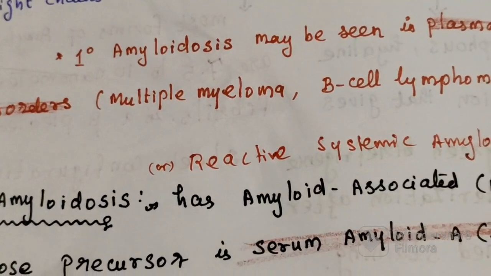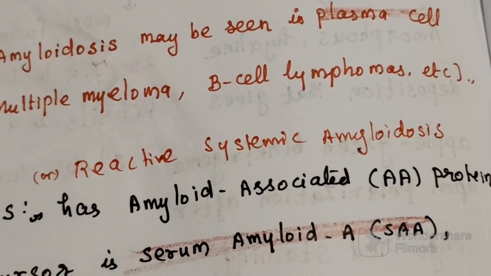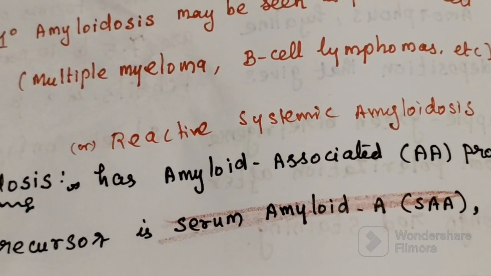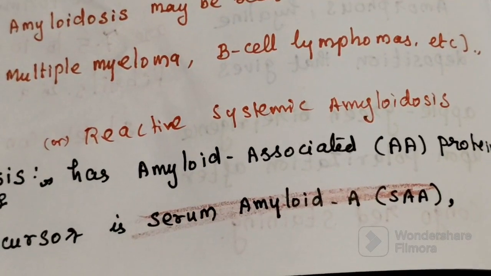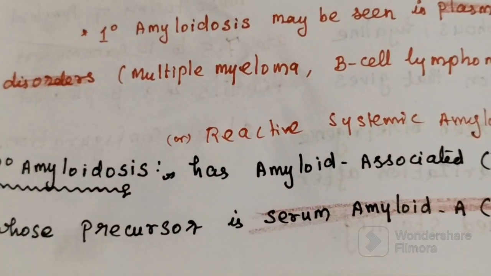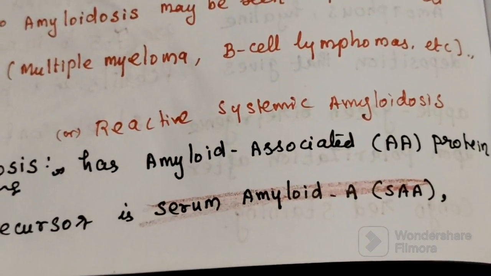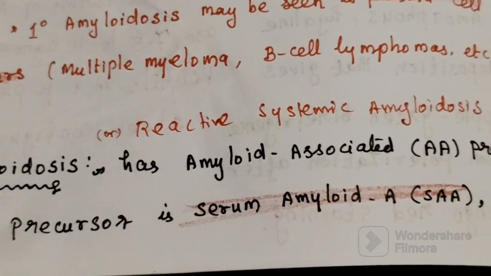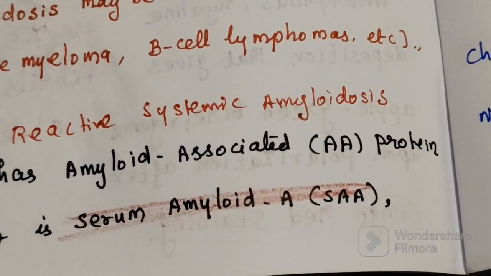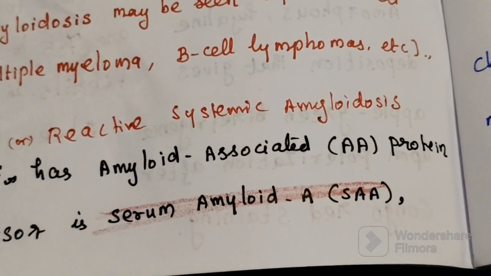Secondary amyloidosis has amyloid associated protein, that is AA protein, whose precursor is serum amyloid A, that is SAA.